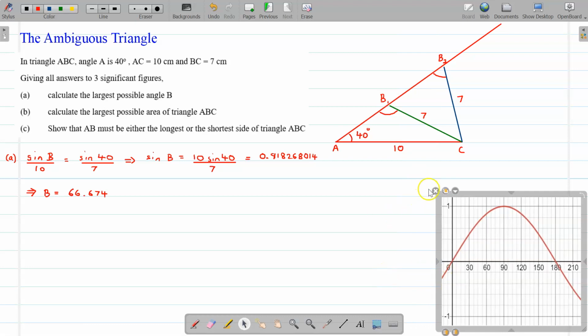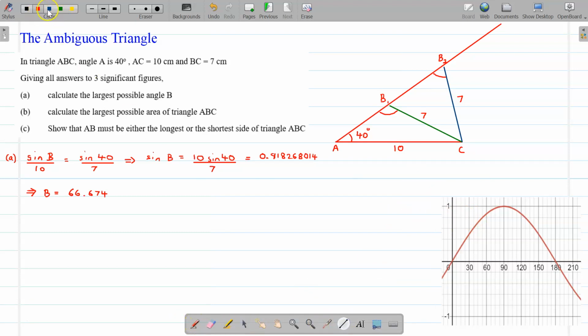Okay, now what we've done here is, if I put a horizontal line on this graph, maybe in a different color, you can see that the sine was 0.918. So this is 0.8, 0.9, 0.918. It's about here, just above 0.9.